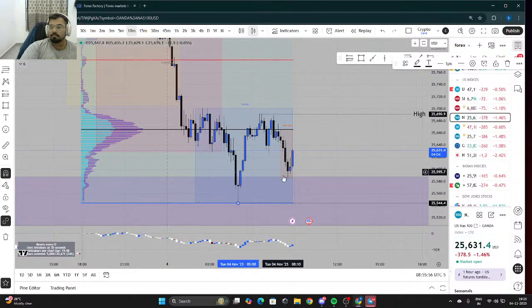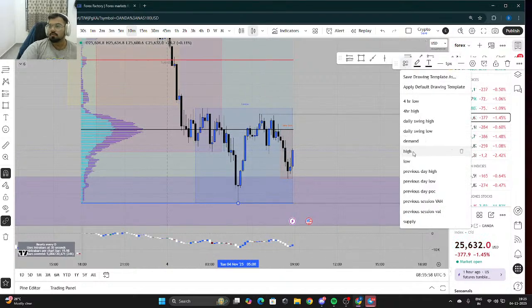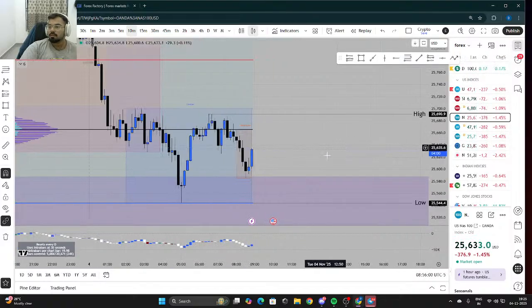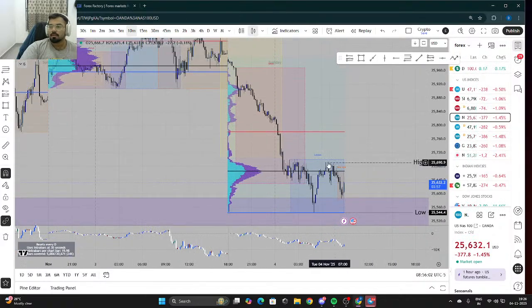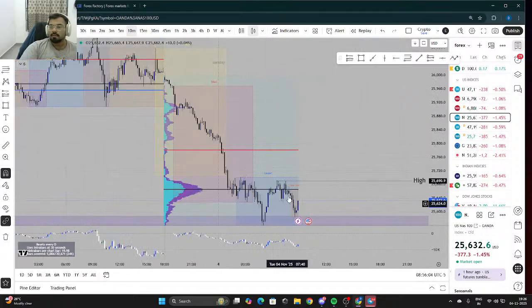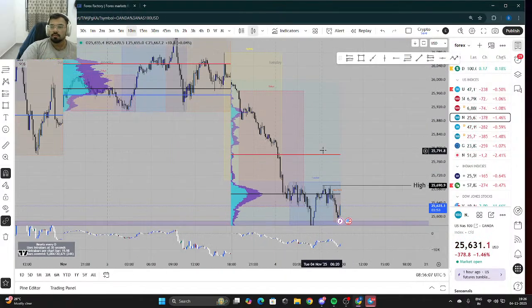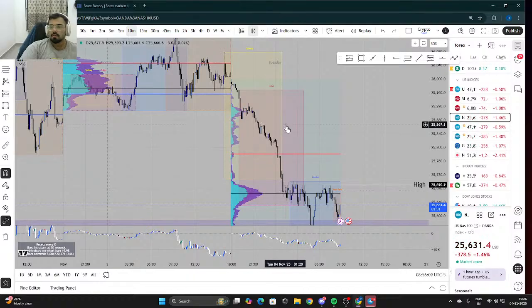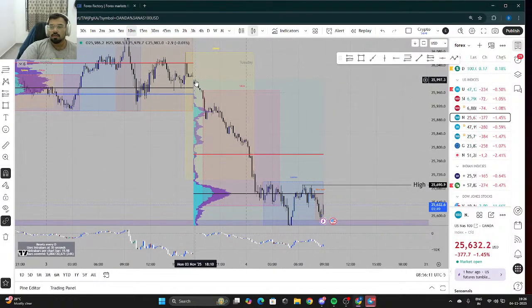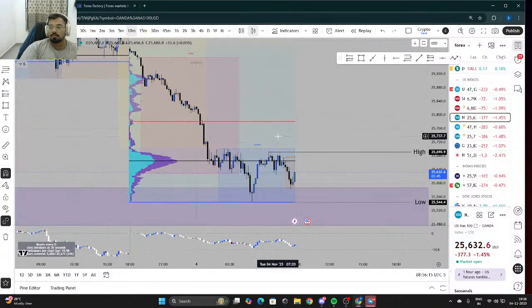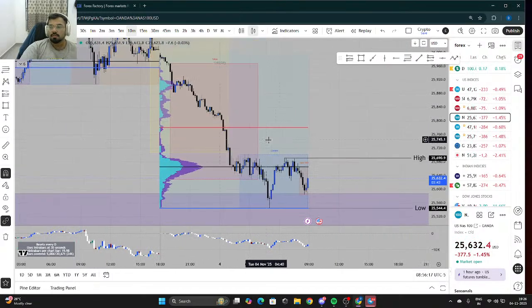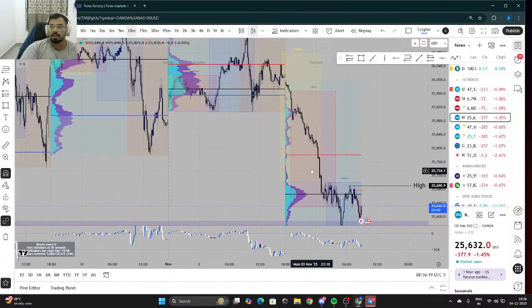In between this range, I'm not doing anything. Nasdaq is a very volatile pair, so if it catches one direction, then it will go, like the sell-off. If Nasdaq catches one direction, it goes without any pullback. So if there are strong buyers in this direction, they will eventually drive price higher.